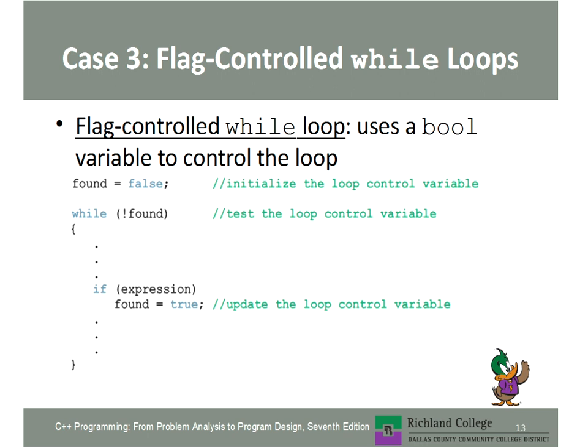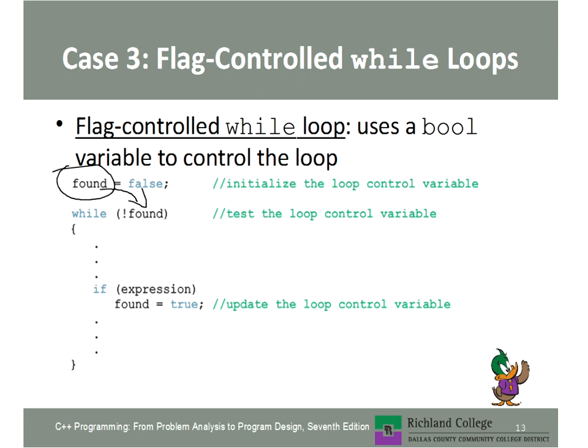So in this case, the loop control variable is found. How do we know that that is the loop control variable? Because that loop control variable's value controls if we are allowed or not allowed to get into the loop. So in this case, found equals false.